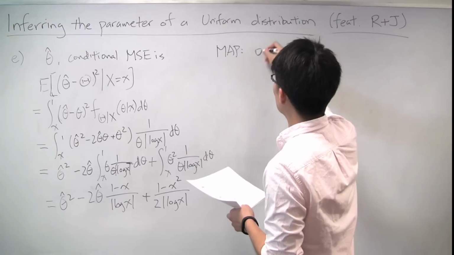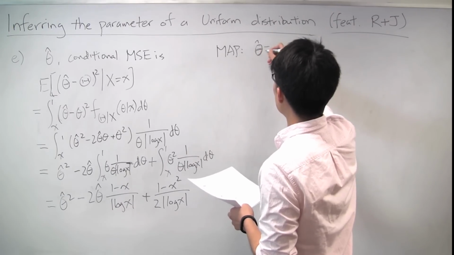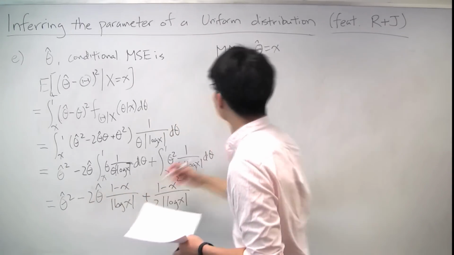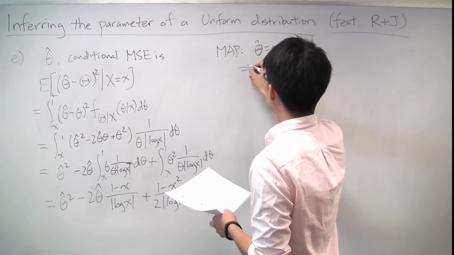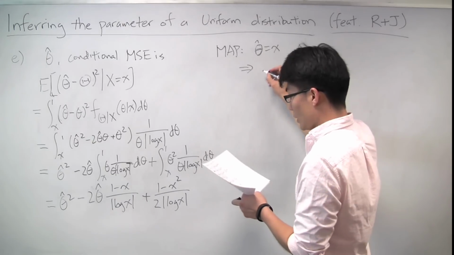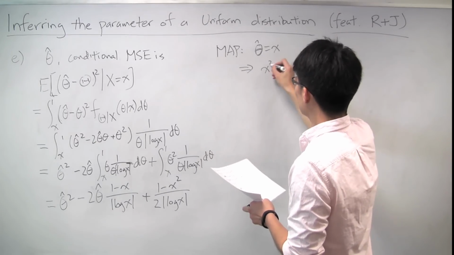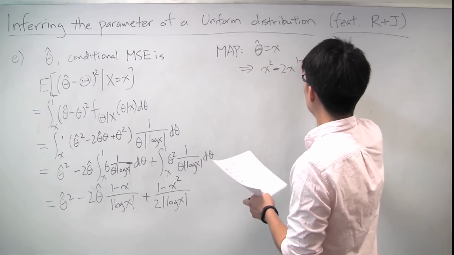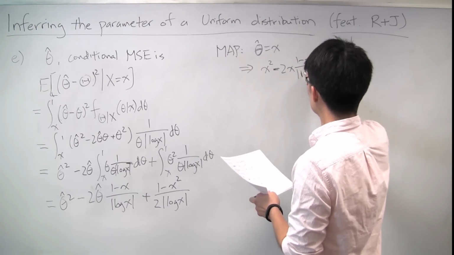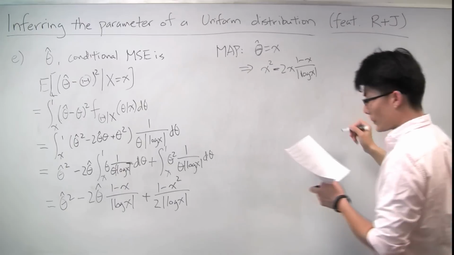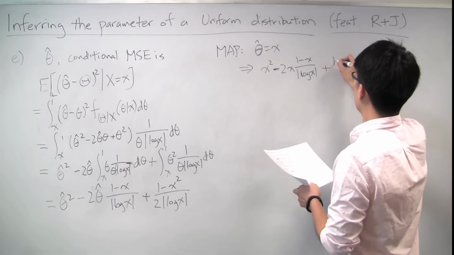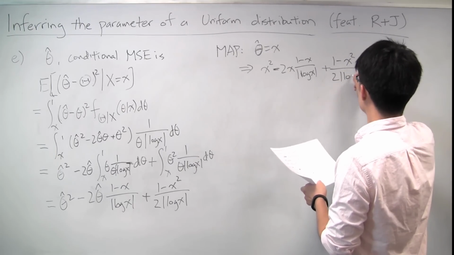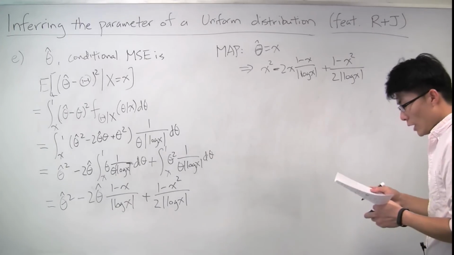So for the MAP rule, the estimate theta hat is just equal to x. So when we plug that in, we get that the conditional MSE is equal to x squared minus 2x(1 minus x) over absolute value of log x, plus 1 minus x squared over 2 times absolute value of log of x.